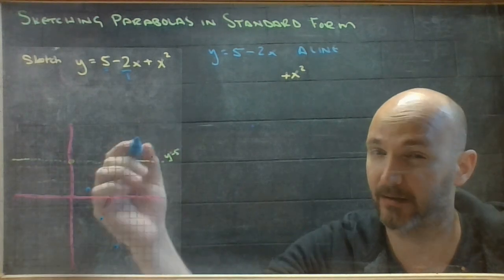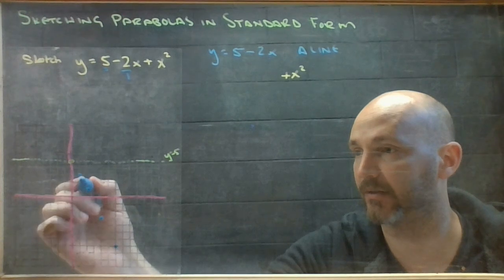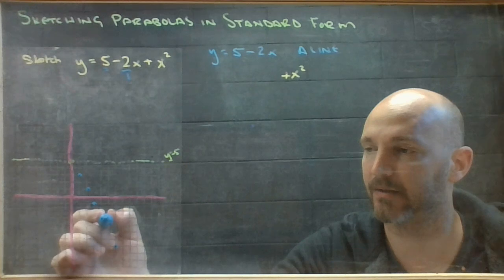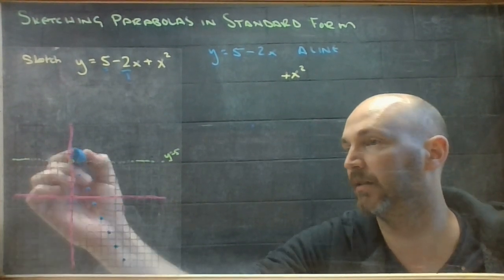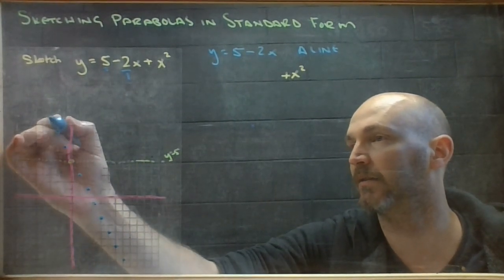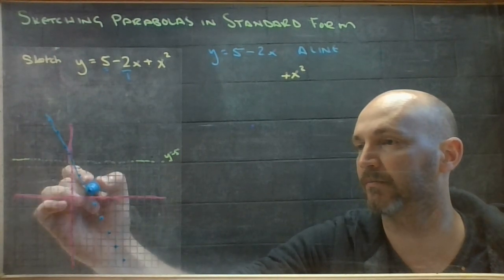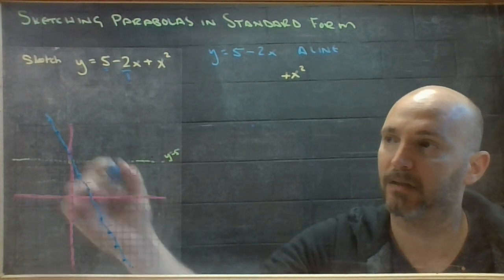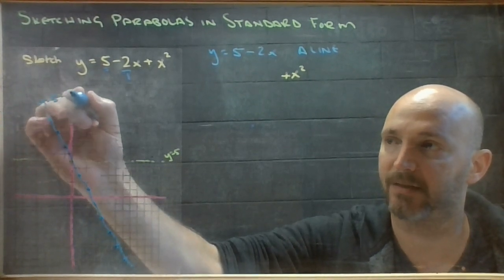So if I try and continue the pattern that way, 2 down, take a step to the right, 2 down to the right, 2 down to the right, 2 down to the right, and trace the pattern back up this way, and end up with this line here. That line is y equals 5 minus 2x.